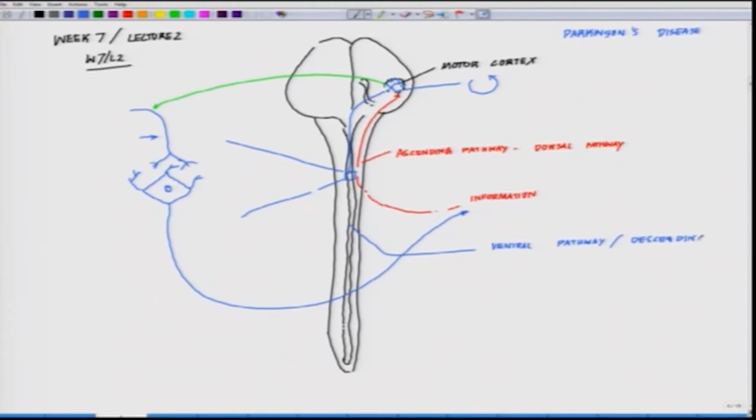Why do you call it descending? Because it is coming down from the brain, descending pathway, or you can also call it the motor pathway. Okay. And by the same token you can call the dorsal pathway the sensory pathway. Okay.